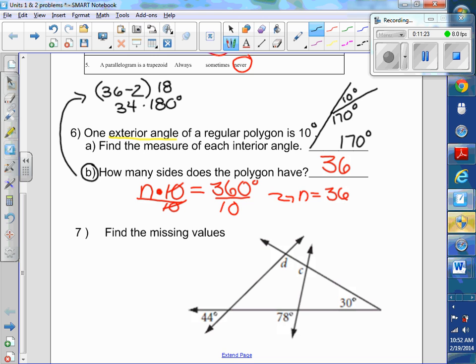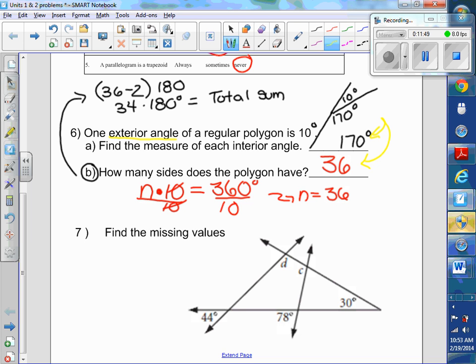I should get the same answer. So this would be the total sum using the formula. Or if we already know what one angle is, and we know how many sides there are, we can just do 36 times 170. I would get the same answer either way. Does that make sense? Okay.